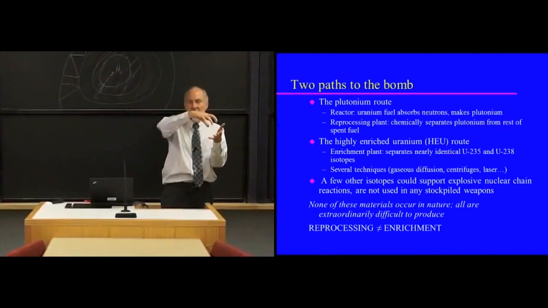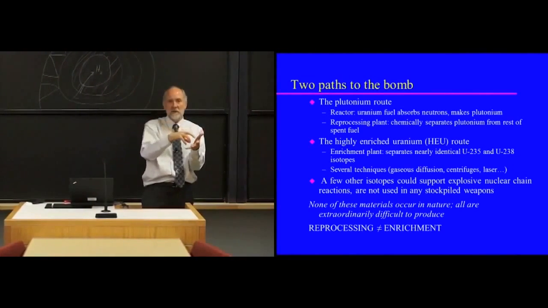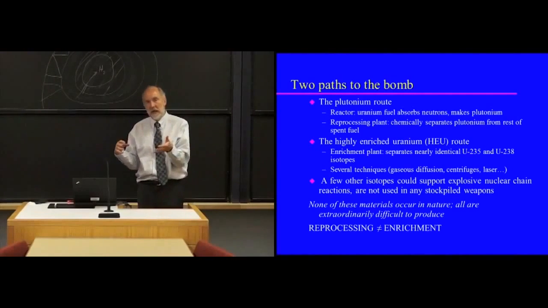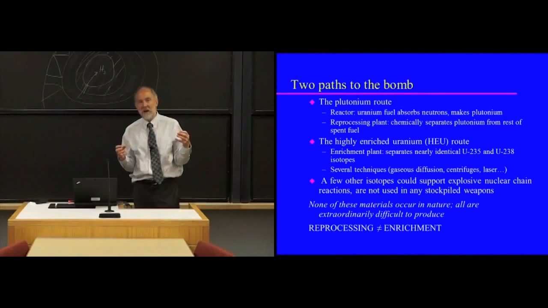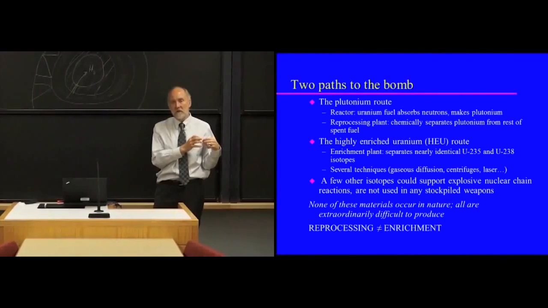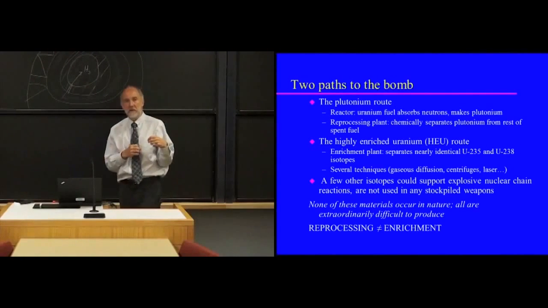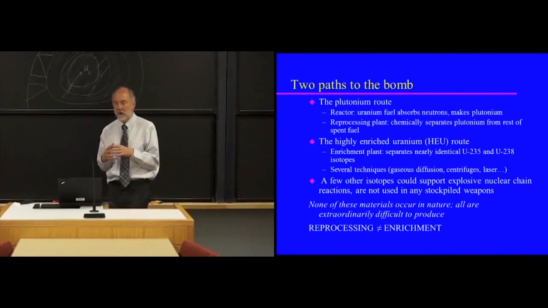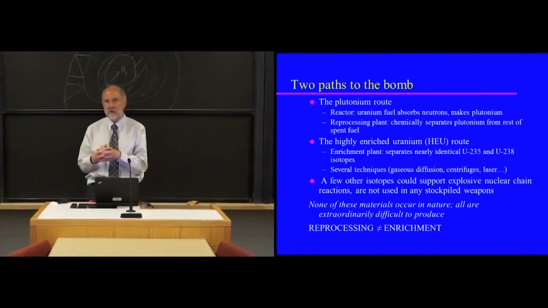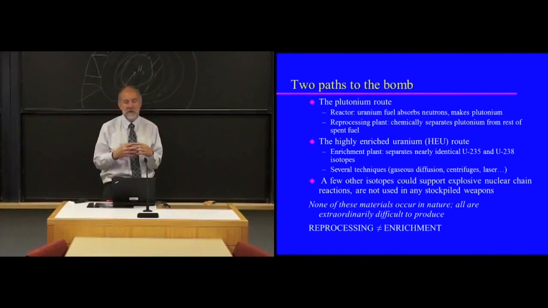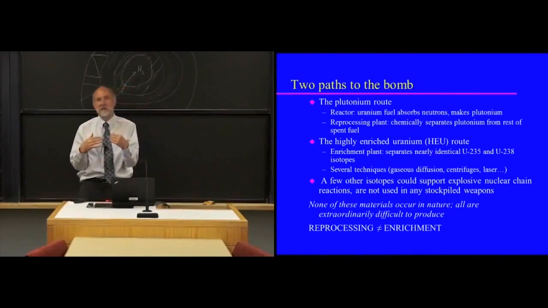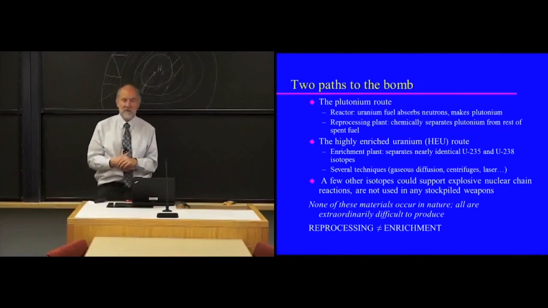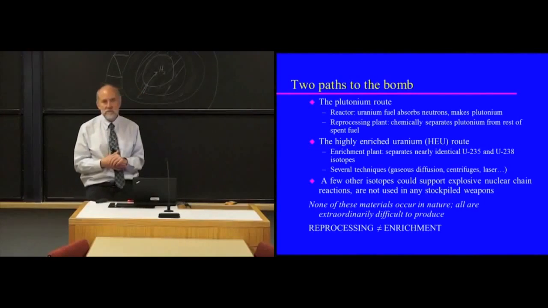Then you have to take that spent fuel, as it's called, out of the reactor, and you have to chemically separate out the plutonium that you want from all of the uranium and the fission products, which are very radioactive, and you don't want them in the stuff that you're handling for your nuclear bomb. So you need a reactor and you need a reprocessing plant that does that chemical separation.